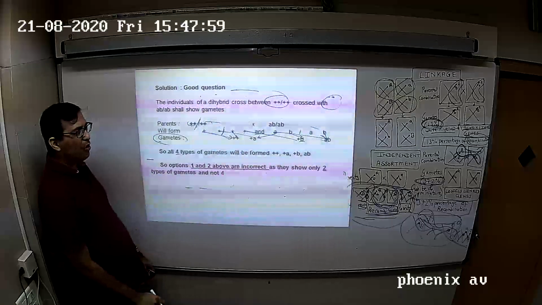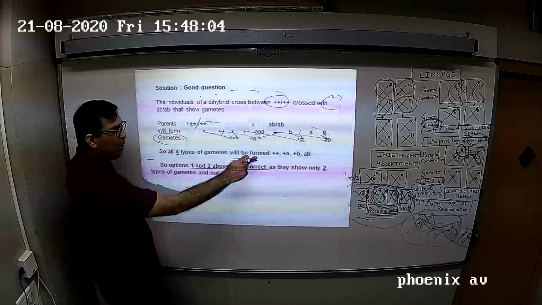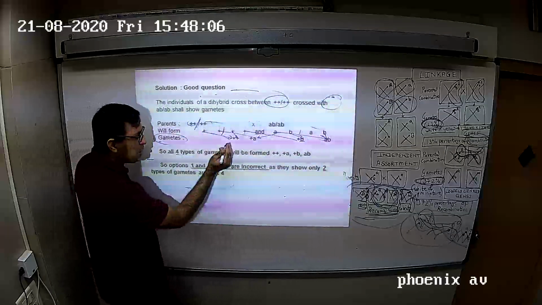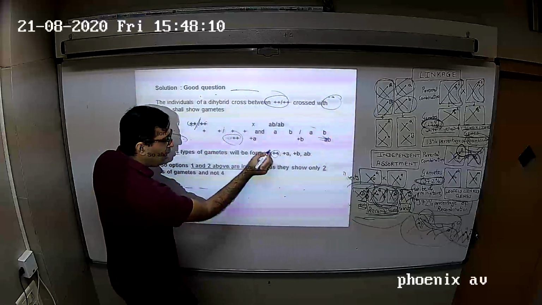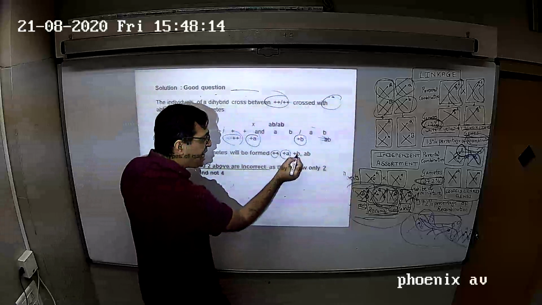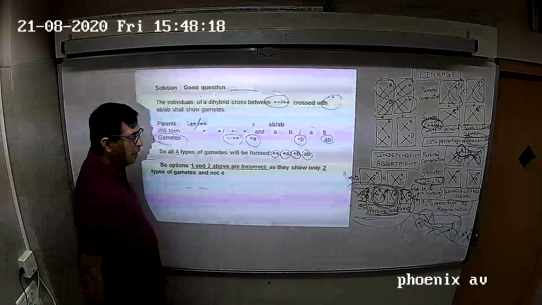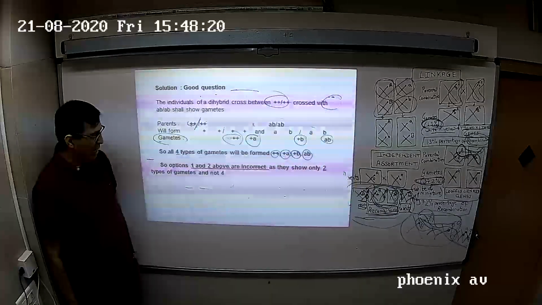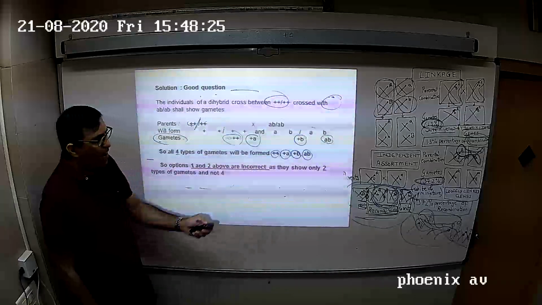How many types of gametes are possible? All four types of gametes will be formed: plus plus, plus a, plus b, and ab. All four types of gametes are possible. So options 1 and 2 above are incorrect.